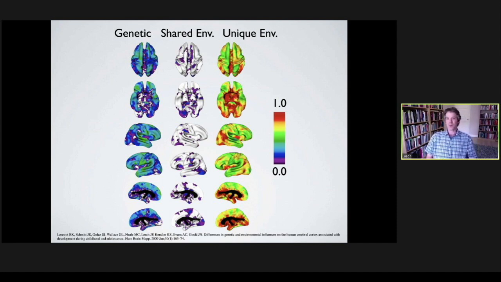Any of you who've worked with these types of ACE models before will know that the unique environment encompasses everything that can't be captured by genetics and shared environments, so it includes noise components as well. But still, the first take-home picture from looking at decomposition of variance in this fashion is that there's a dominant genetic component, a strong unique environment component, and a smaller but still significant shared environmental component as well.